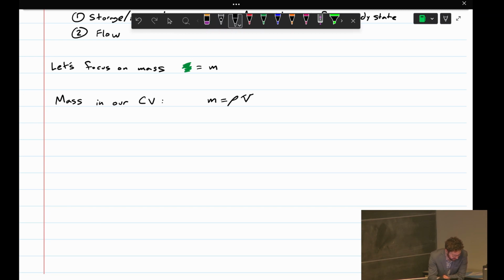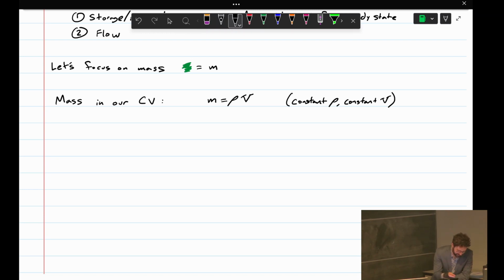So in general, we can't assume that. Because this constant volume assumption is kind of, if your control volume is moving in space, you have to account for that when you're doing your conservation of mass, right? So if the volume of your control volume is itself changing, this won't be true.